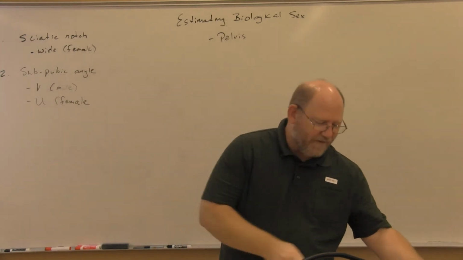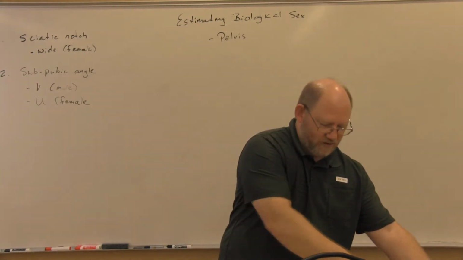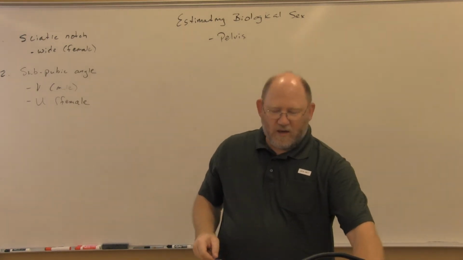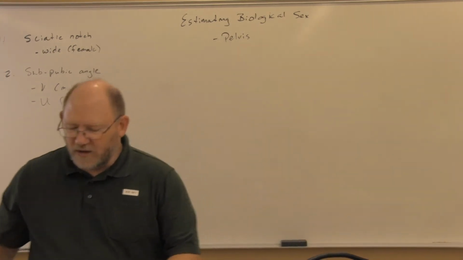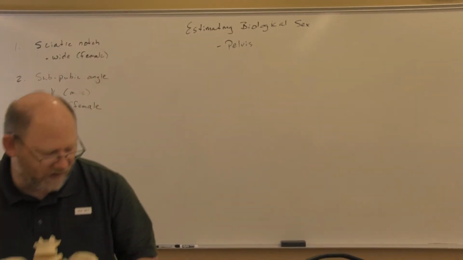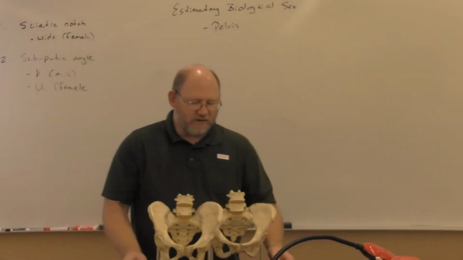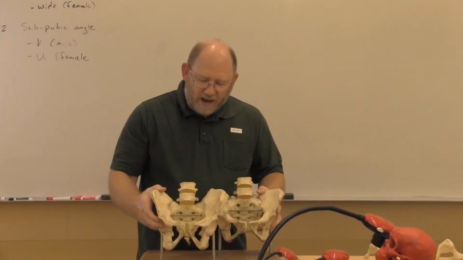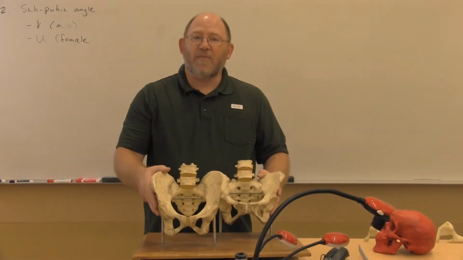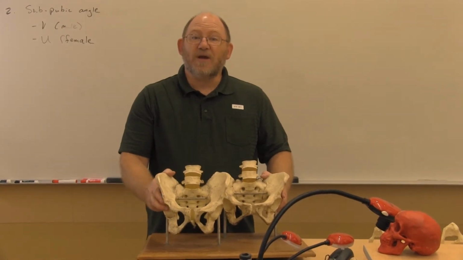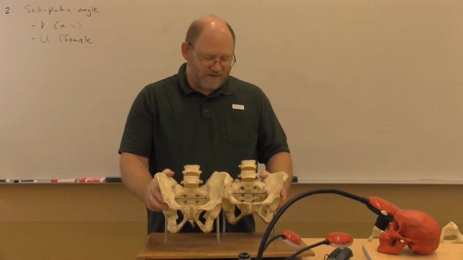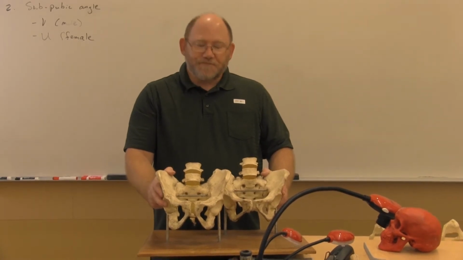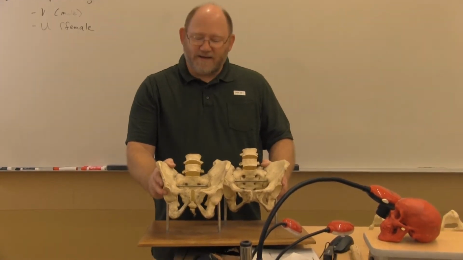When we have both os coxa, it's possible to look at the sub-pubic angle together. And so, again, in this case, the pelvic girdle on your left is the male, and the one on your right is the female.